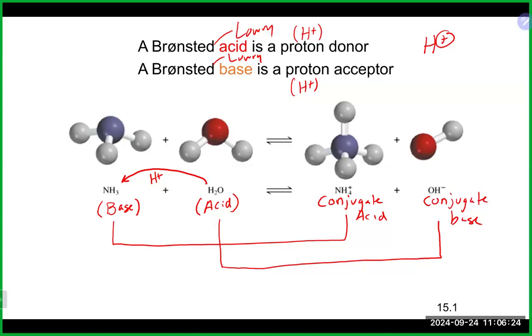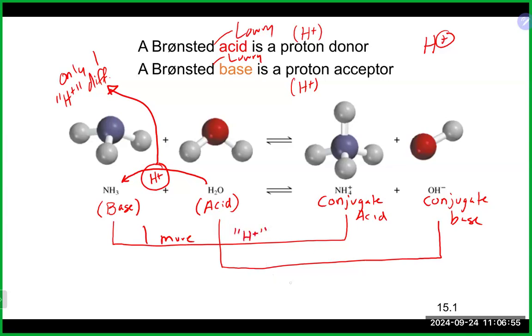So we create these partners on the left-hand side and right-hand side of the arrow that are related to each other by a really important difference, and it is this guy right here. Only one H+ difference between your base and its conjugate acid and your acid and its conjugate base. The base has one more H+ than it started with.